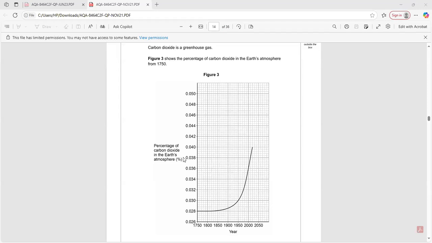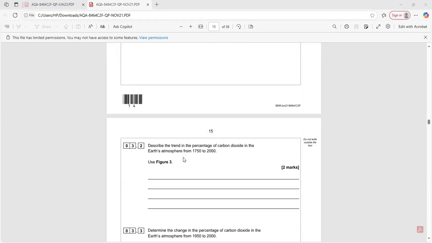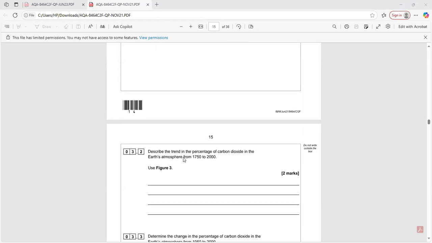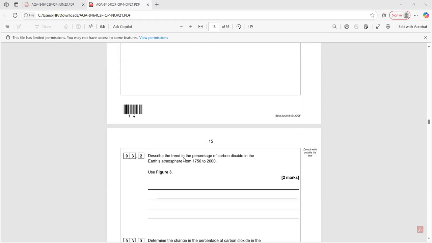So when industry started coming into the picture in terms of mass commercial activities, you can see that the concentration of carbon dioxide increases way up. And I think that should also have been contributed to by man's activities, cutting down trees and stuff like that.